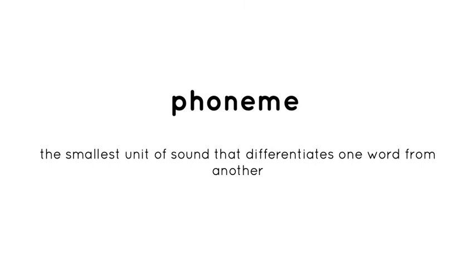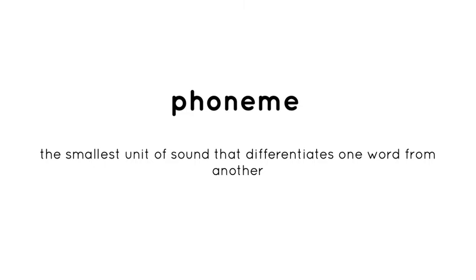When we're thinking about a phoneme, that phoneme is the unit of sound, the smallest unit of sound, that differentiates one word from another. And that becomes important because we want kids to be able to differentiate those sounds and understand what makes a word different from another word, even if the majority of the letters within the word are the same.